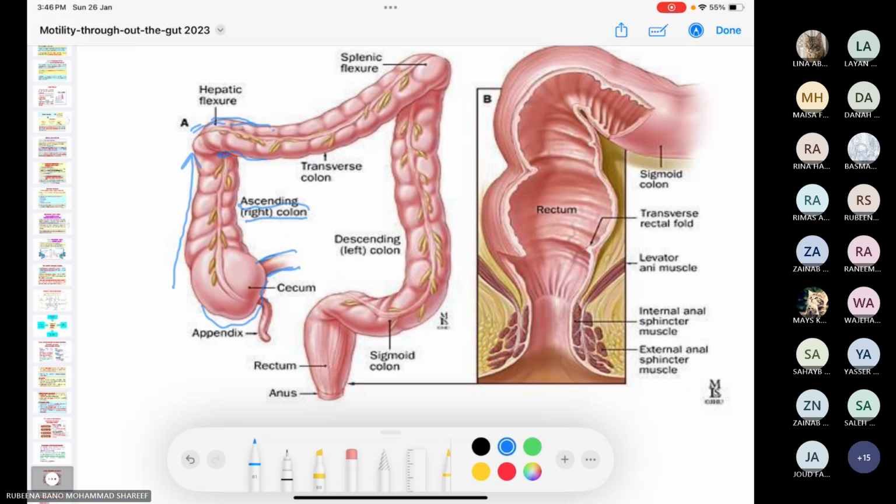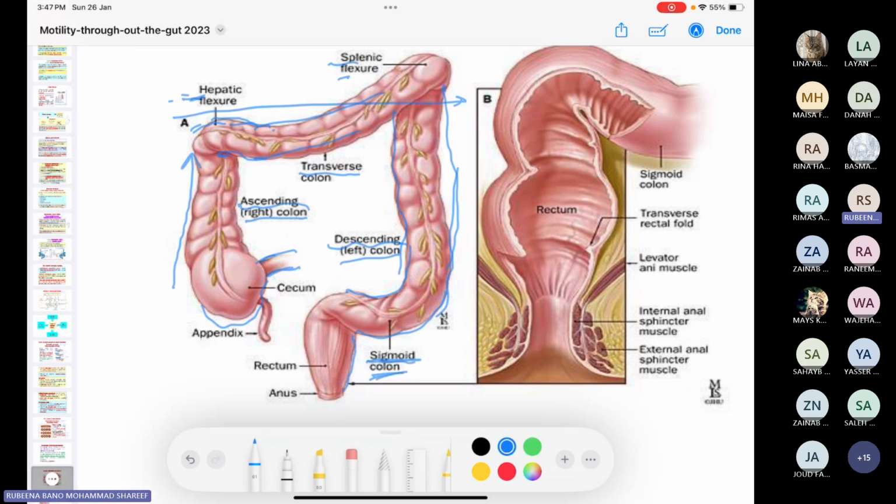This is the transverse colon, because it is in the transverse direction. This is the splenic flexure, where here there is the spleen and here the liver. Then this is the descending colon because it is going down. And this S shape, sigma, is called the sigmoid colon.